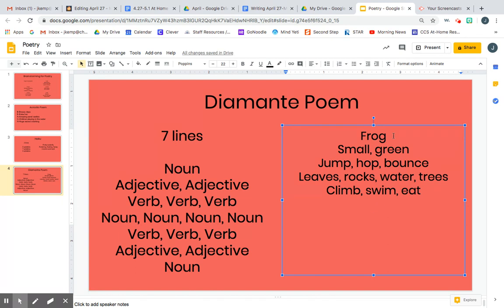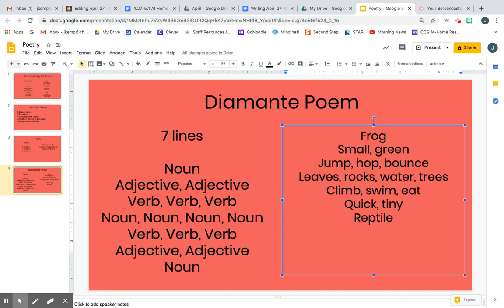Now I need 2 more adjectives. Quick and tiny. And then I need 1 more noun. I'm going to do reptile. A frog is a type of animal called a reptile.